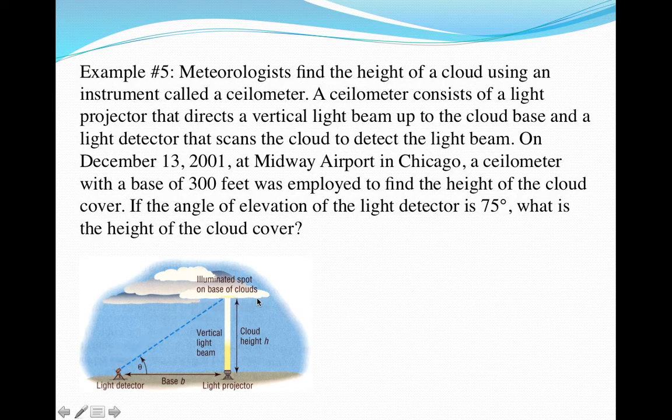It'll scan back and forth on the cloud to detect the beam of light. On December 13th, 2001 at Midway Airport in Chicago, a ceilometer with a base of 300 feet was employed to find the height of the cloud cover. The base is the distance between the light detector and the light projector. We need to find the height of the cloud cover. If the angle of elevation of the light detector is 75, what is the height of the cloud cover?